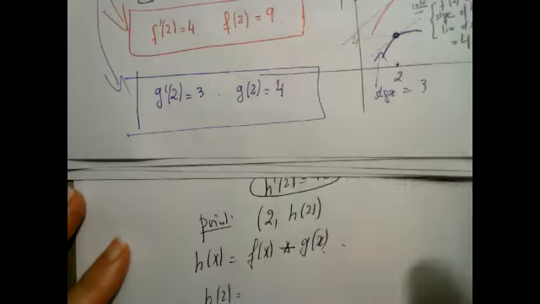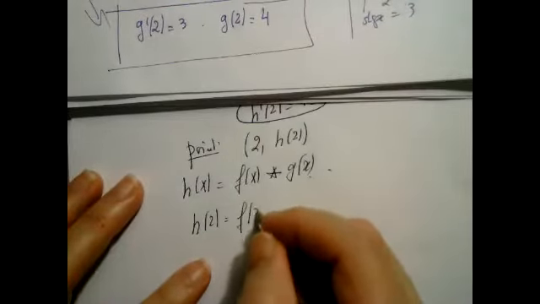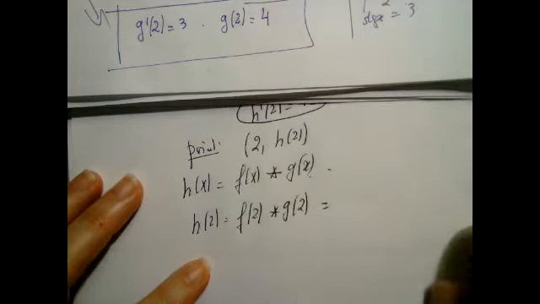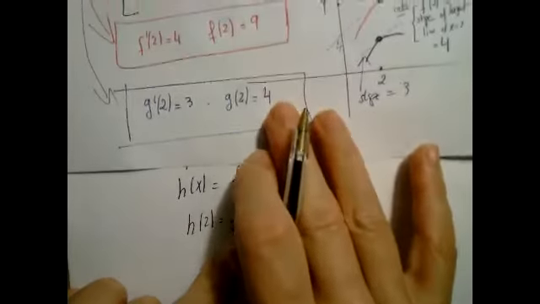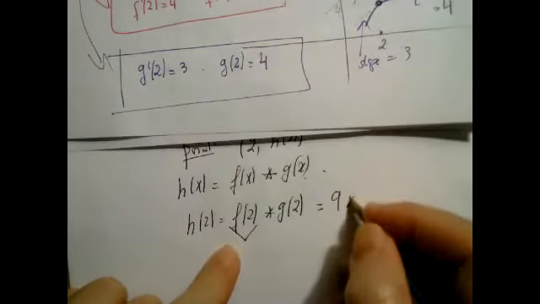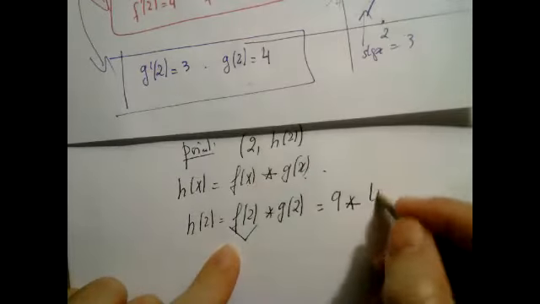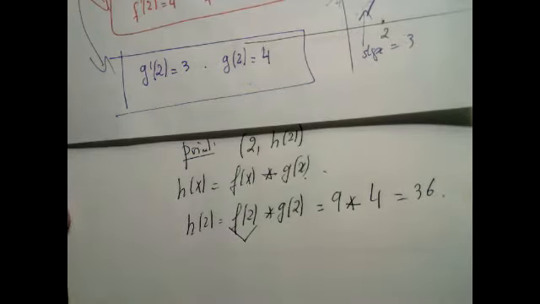We're going to have f of 2 times g of 2. And now we finish. What is f of 2? Now I go back to my info. f of 2 is 9. Times, what's g of 2? I go back to my info. It's equal to 4. It's 36.